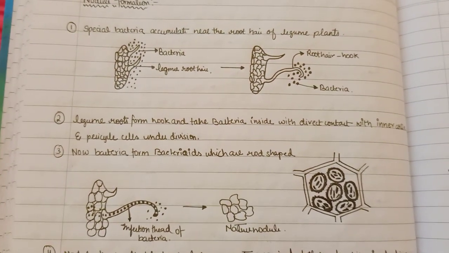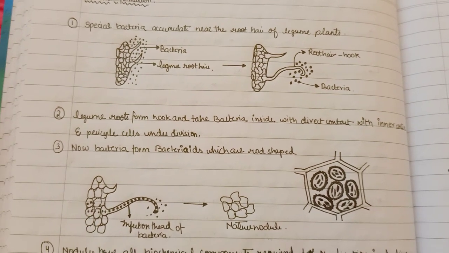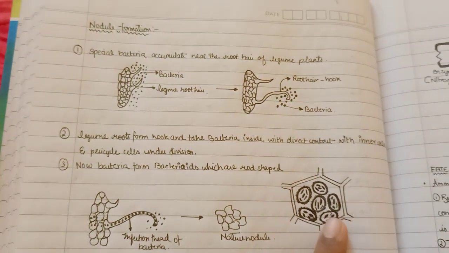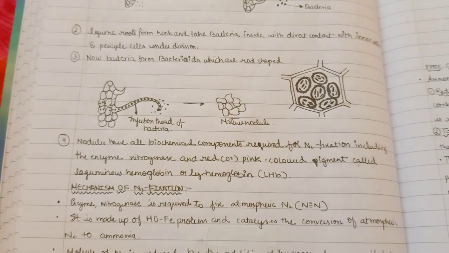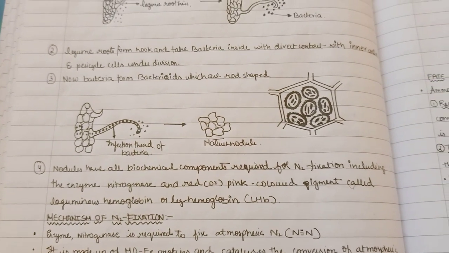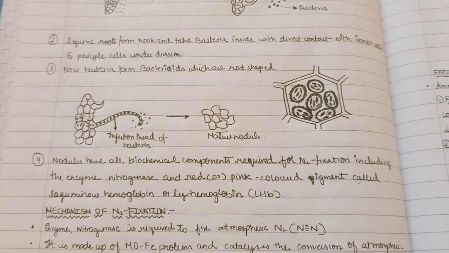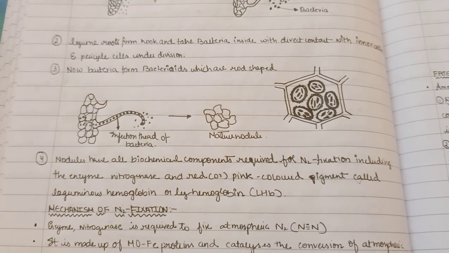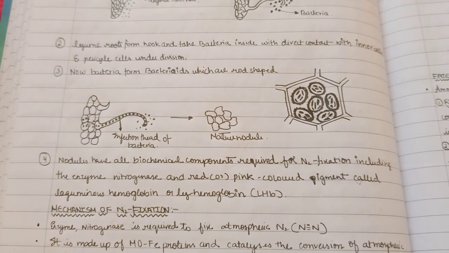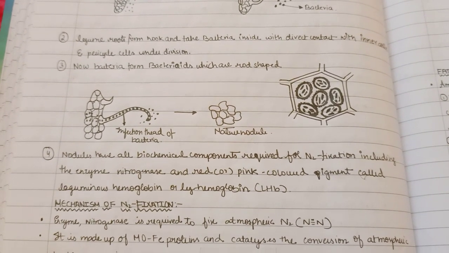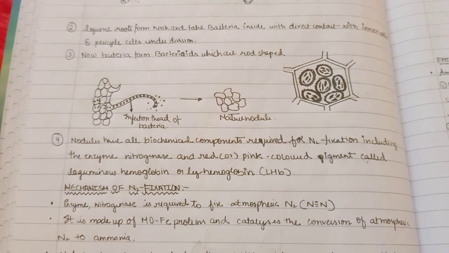Now the bacteria form rod shaped bacteroids. Then nodules have all biochemical components required for N2 fixation, including the enzyme nitrogenase and a red or pink colored pigment called leghemoglobin, or LHB.